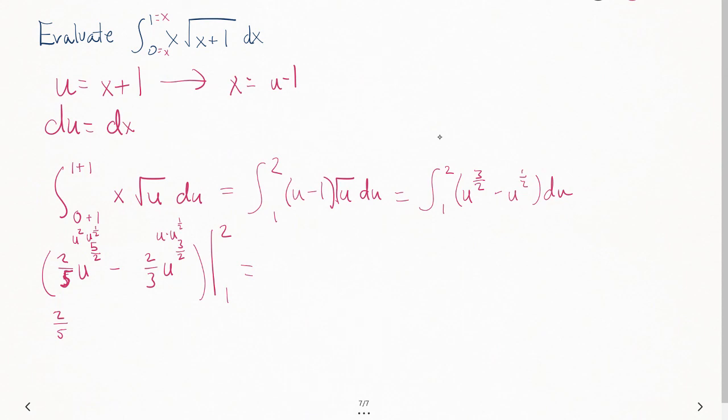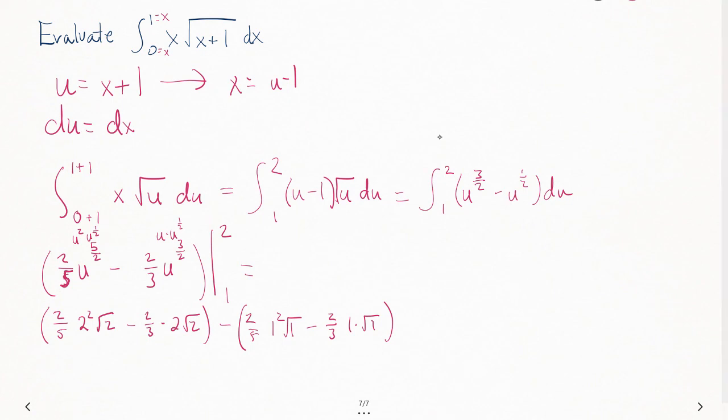So you could write this first term 2/5 as 2 squared times the square root of 2 minus 2/3 times 2 times the square root of 2. Okay? Minus, well, this next one would be 2/5. Let me make sure all this is in parentheses. Times 1 squared times the square root of 1 minus 2/3 times 1 times the square root of 1.